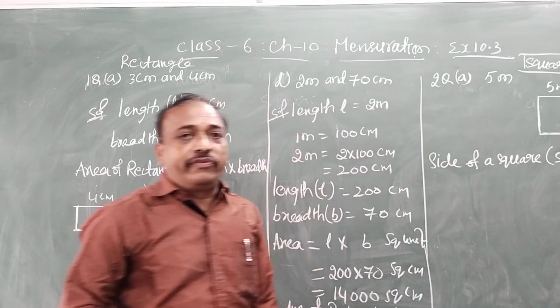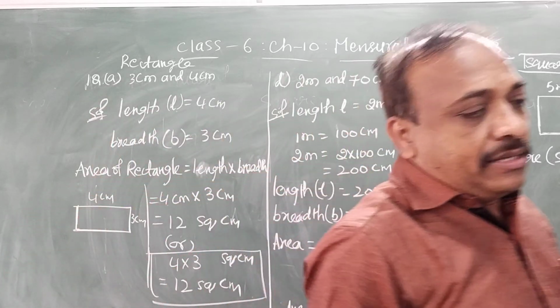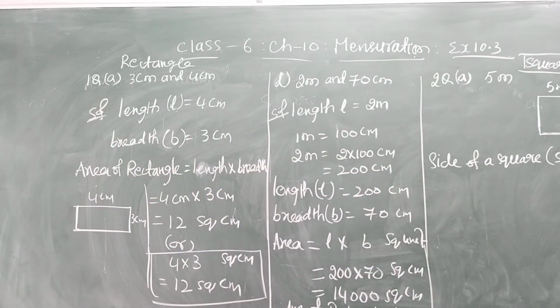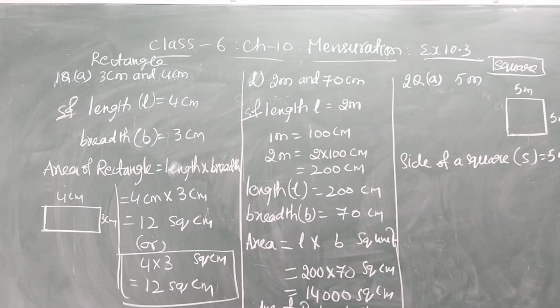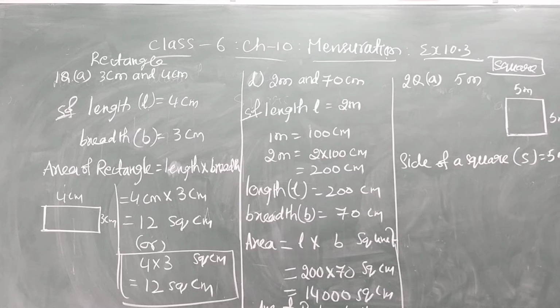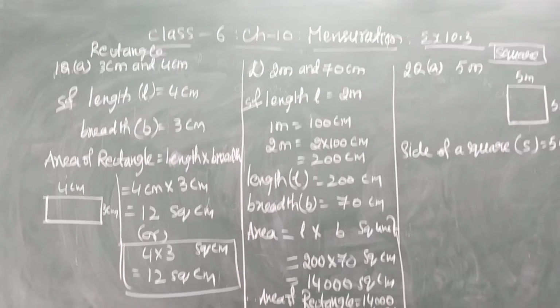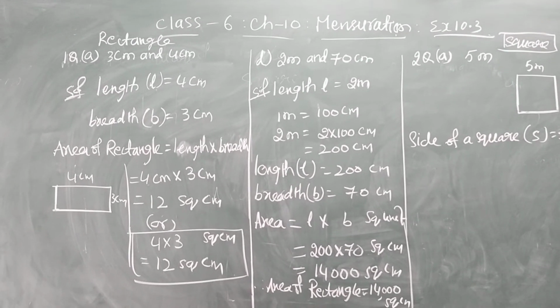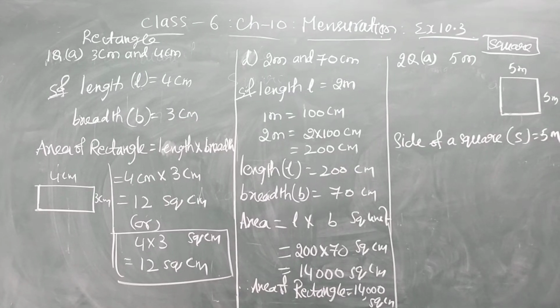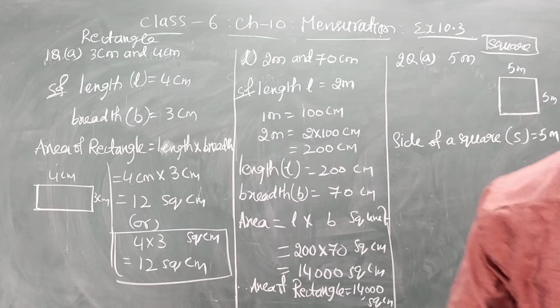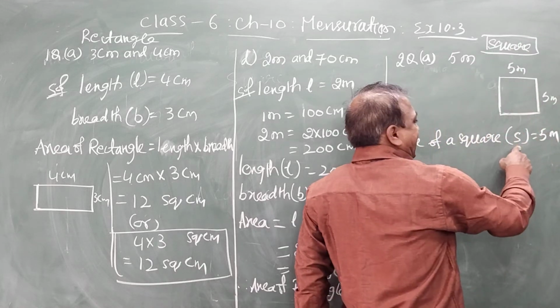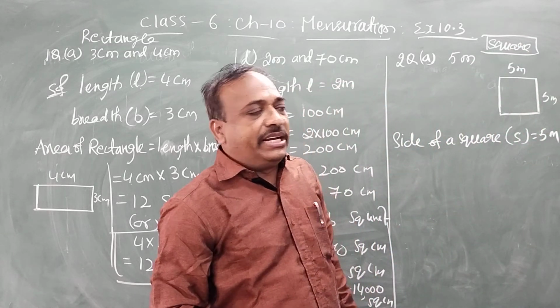Side of a square we denote with the letter S. So side of the square is S, which is equal to 5 meters.